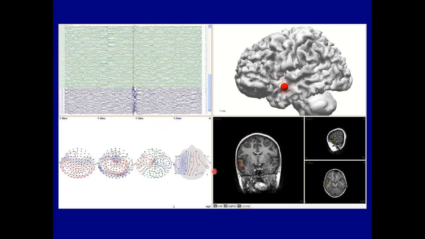That's because the field is very radial. Negative maximum over this side of the head, positive maximum on the other side of the head. The dipole is horizontal, definitely radial, lateral temporal lobe. So lateral temporal cortex is an area where there would be EEG spikes without MEG activity.